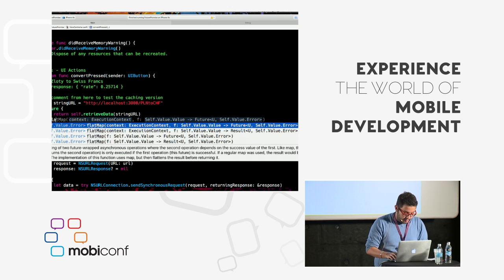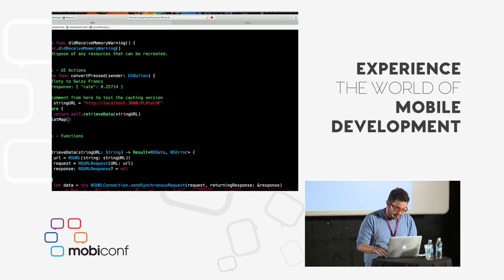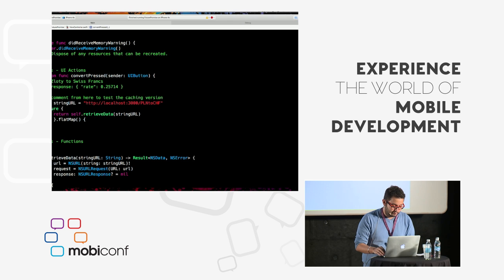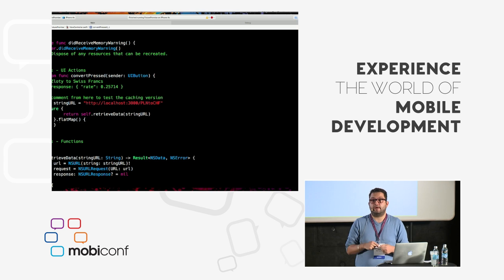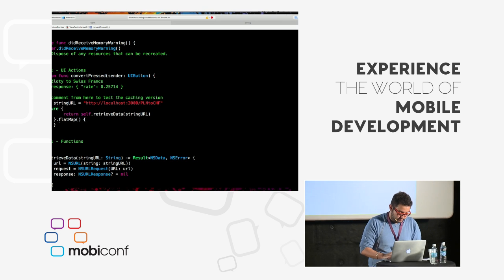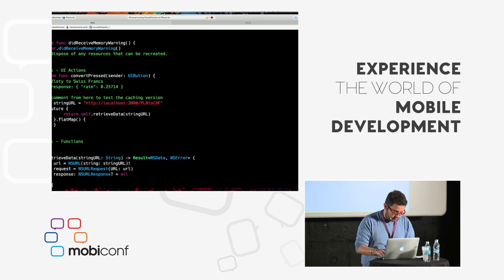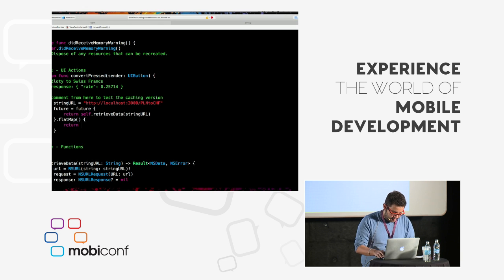So what I do here is create a flatMap. I call flatMap, which just says I chain the result, and what I get back is another result, but I don't want to take care of the error. So with flat, I just get the value. If I write map, okay, let's see if you can read this.